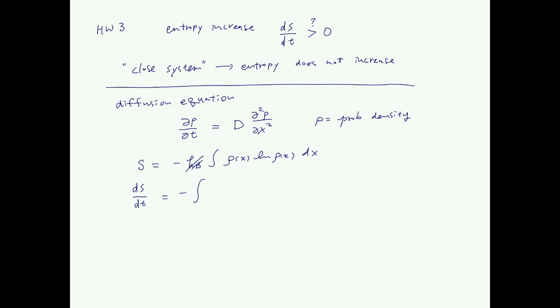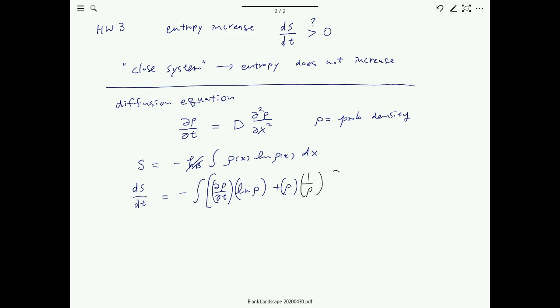Now this becomes the partial derivative, and you have to apply the chain rule. You first apply the time derivative to the rho, and then you apply the time derivative to the log rho, so you have 1 over rho, and then partial rho, partial t.